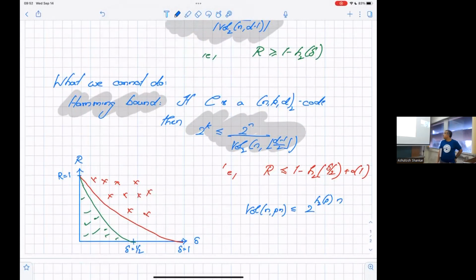In the first one, you need this. We used this one in the first proof and this one in the second proof, H_2(p) minus the low one. And in the asymptotic version, while deriving it from the previous statements, we use this form. But if you recall, somewhere in the proof of this, we used the fact that p was between 0 and half.